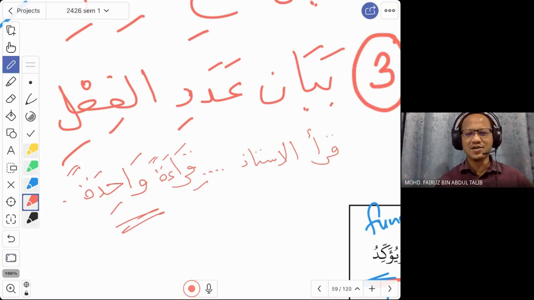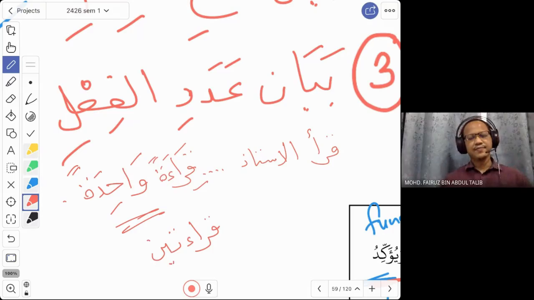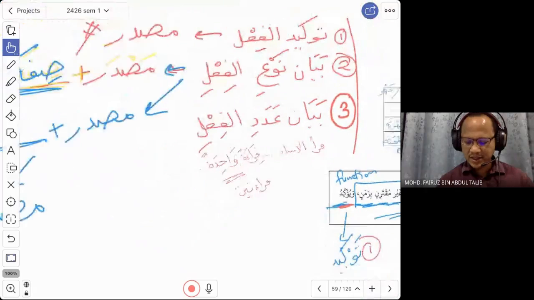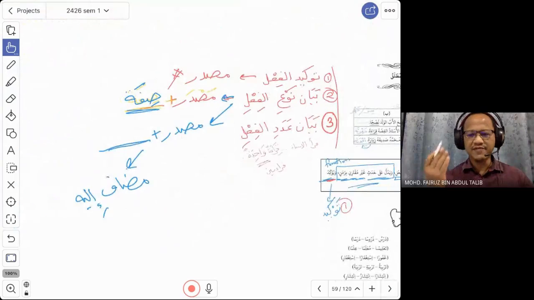So for bayan adad, it's not that difficult. You just need to put the number 1. If it is 2, he read it twice, then of course you have to change it to the dual: qira'ah becomes qira'ataini. If you want to say many, 3 and above, then you have to use the numbers: salasa, arba'a, khamsa. So to explain the number is actually easy because you will have numbers.